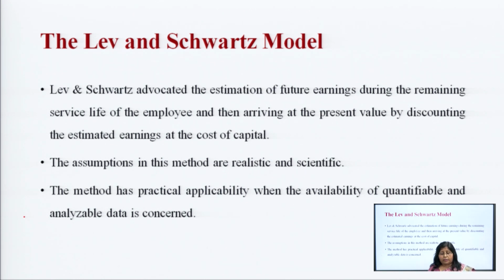So, it was understood that in these 35 years he would rise in his profile, he would get certain promotions, and at the same time the salary would also increase. According to those promotions, what could be the maximum salary that he would be getting by the time he is retired.